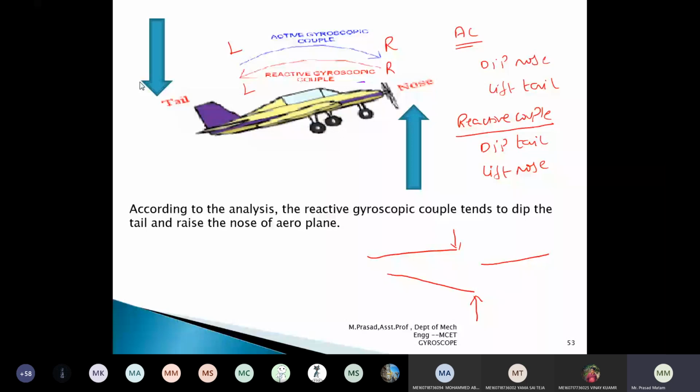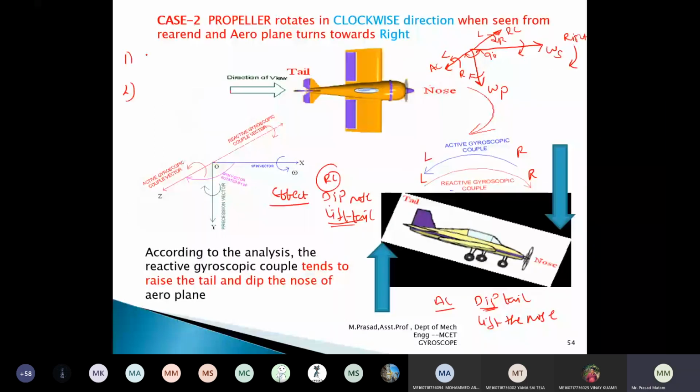For the second case, I get exactly the opposite: lift the tail and dip the nose.